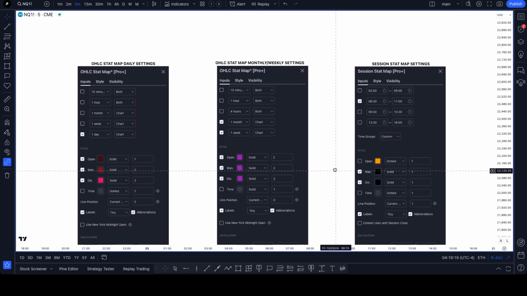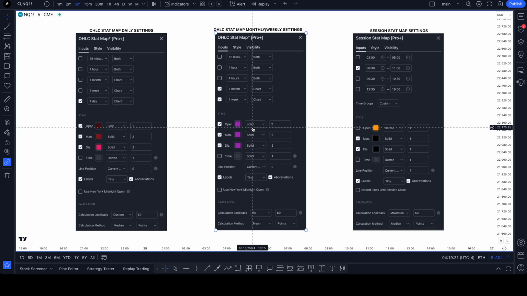Going over the settings. For the OHLC stat map daily settings, I only have the daily checked off. I have the opening, manipulation, and distribution with the calculation look back at 60 with the method being median and points. For the OHLC stat map monthly and weekly settings, I have the monthly and weekly checked off.